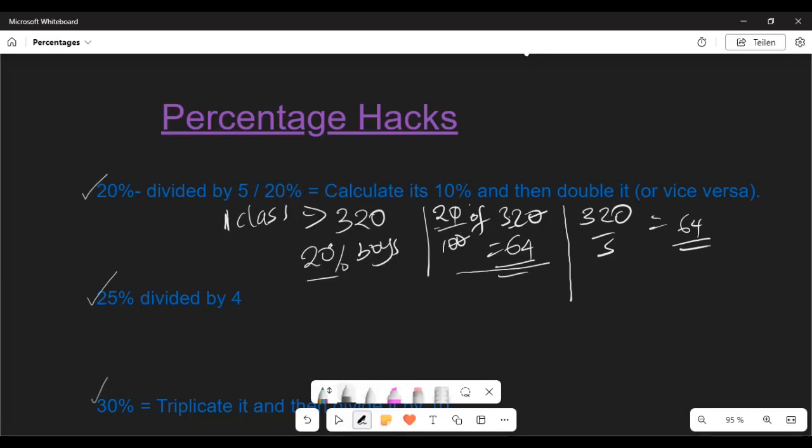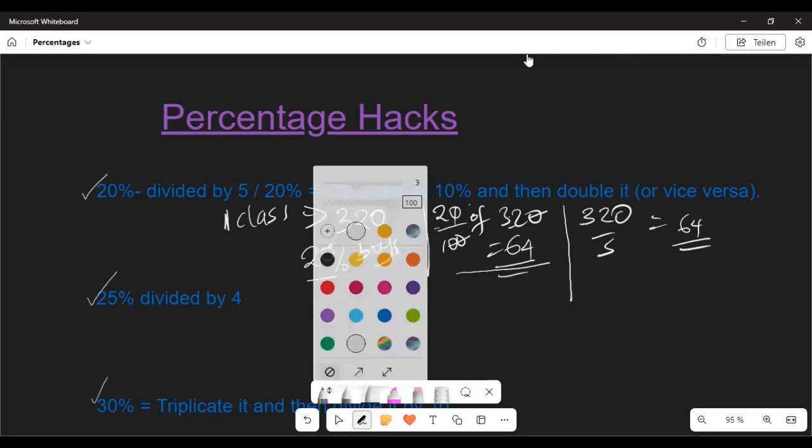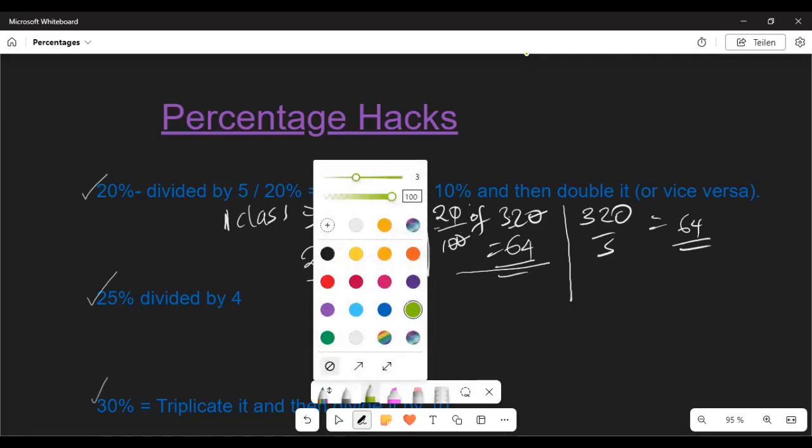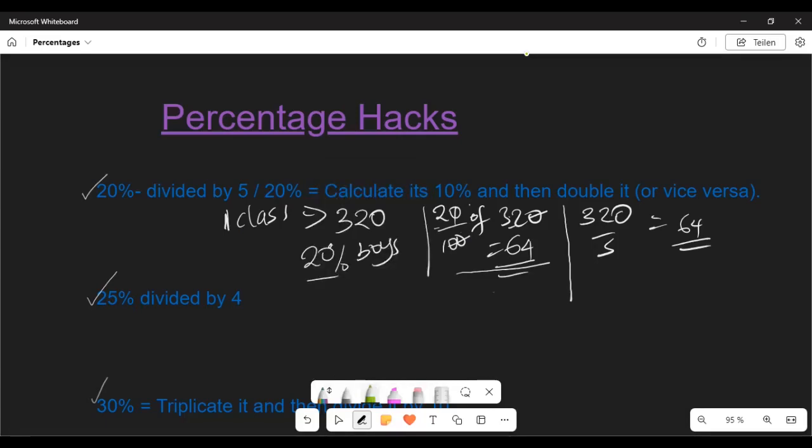Suppose you get 20% of 320, so you have to write 20 over 100 times 320 and all that. If I have my number here, and I know how I can do it quickly, I will be faster. So this one will be faster than this one. And that's why these hacks are very necessary.